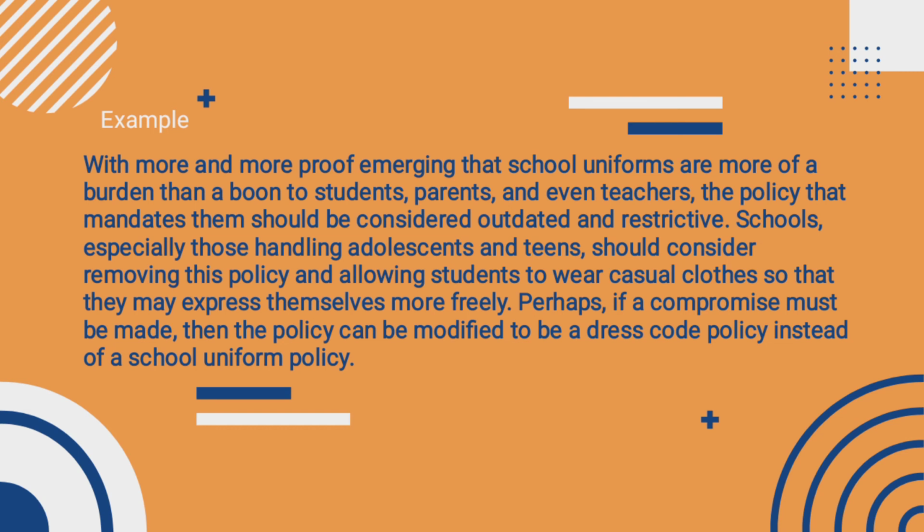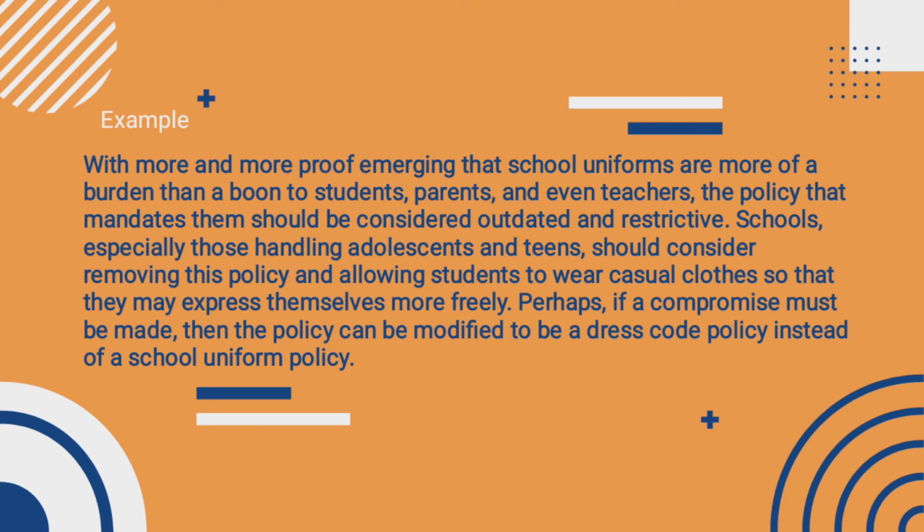The explanation for that is that the concluding paragraph restates the thesis statement from the introduction and then provides a plan of action. In this case, it is either to abolish the school uniform policy or turn it into a dress code. While plans are suggested, no new major information is introduced.